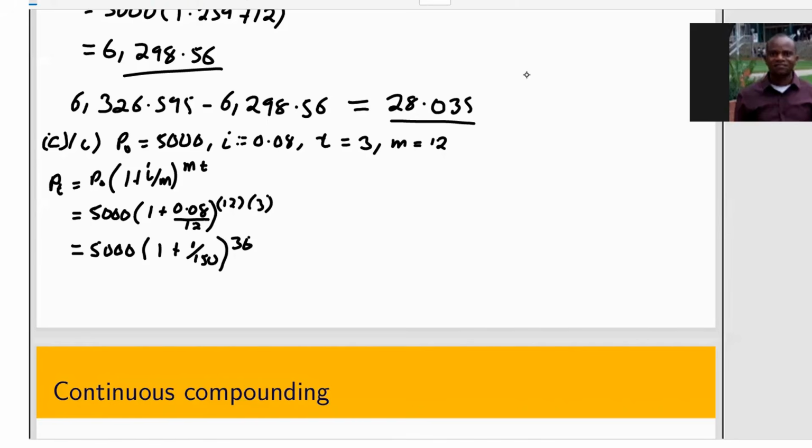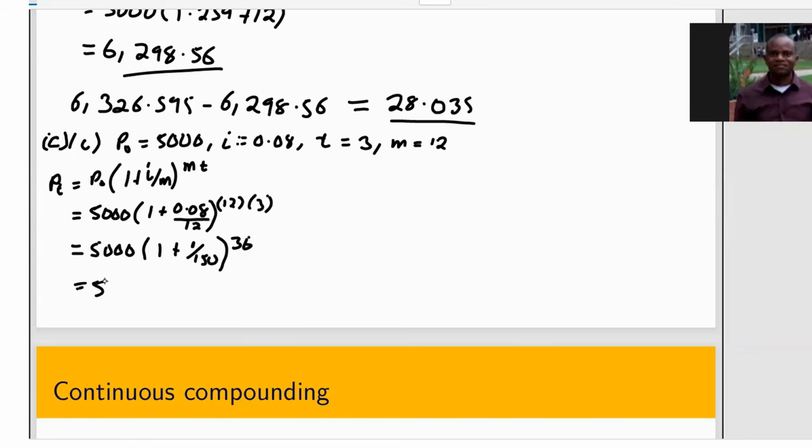0.0066666. Then without removing this value, I'll just add 1. Then I'm going to get 1.006666667. Then I'll take this value and raise it to the power 36. So if I take what is in the brackets to the power 36, I get 1.27.